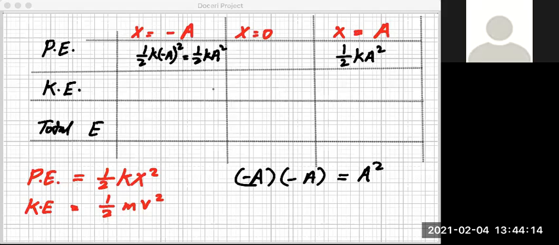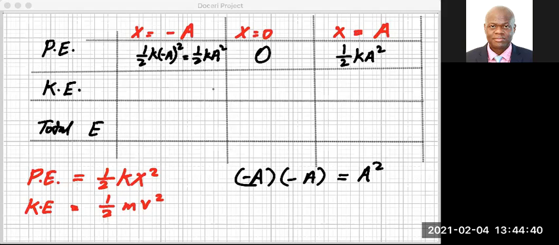What is 0 times x times k? 0. So that means when a simple harmonic oscillator is at equilibrium, it has no potential energy. But when it's at the amplitude, it has the maximum potential energy, which is 1/2 k times the amplitude squared. Now let's look at the kinetic energy.